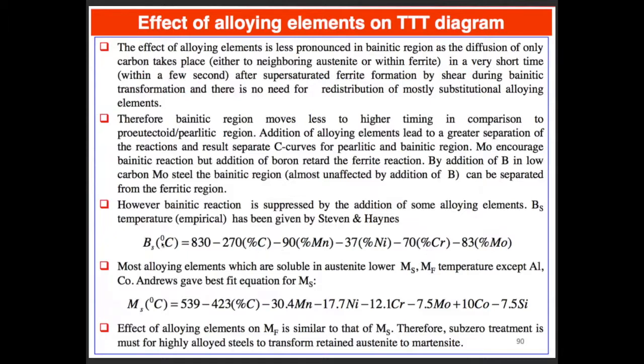This is the effect of altering the bainite start temperature. So where the bainite curve is going to be, and that's going to be competing, that's the word I'm thinking of, competing. I almost said collaborating with, competing with the martensite start temperature, right?